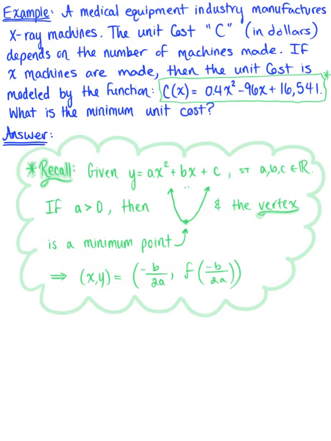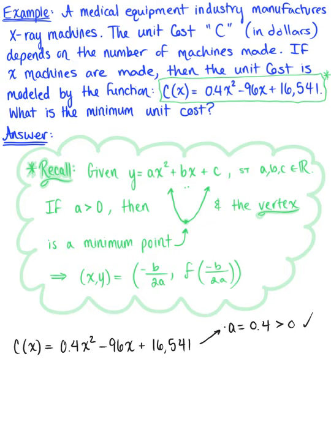So to begin, again, we are given the cost function that is modeled by the quadratic equation 0.4x squared minus 96x plus 16,541. So what are the coefficients? Well, our coefficient a is 0.4, which we see is greater than 0.